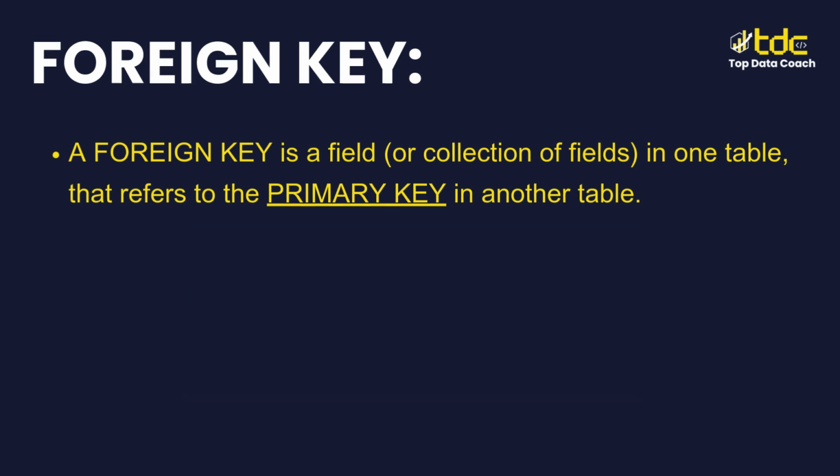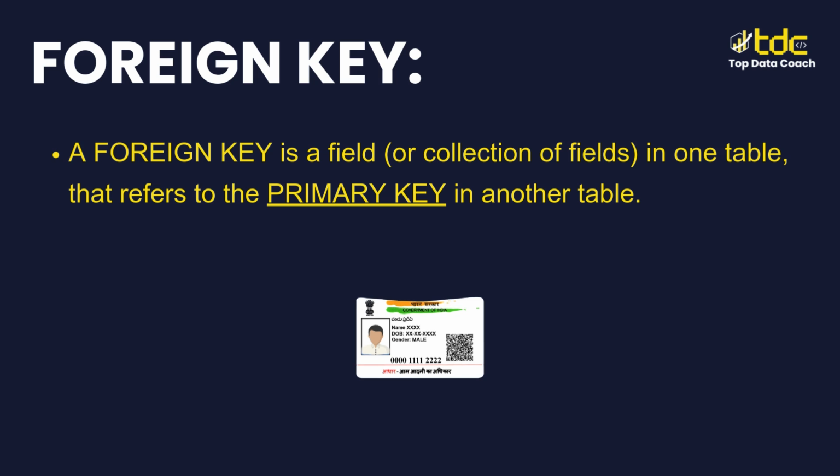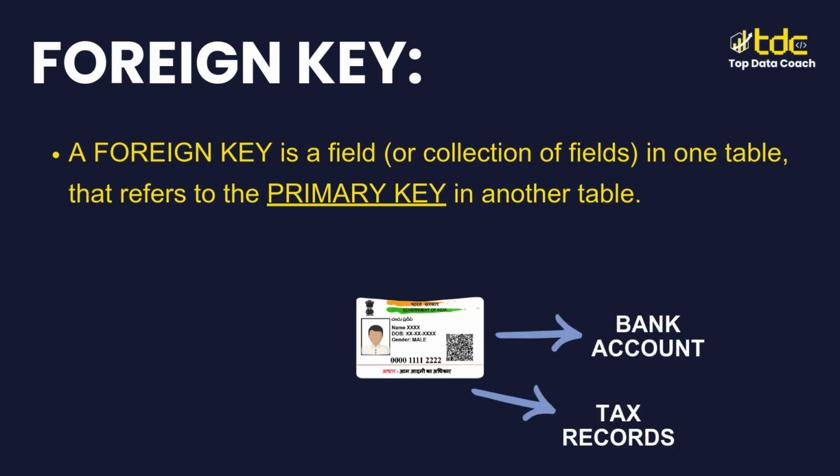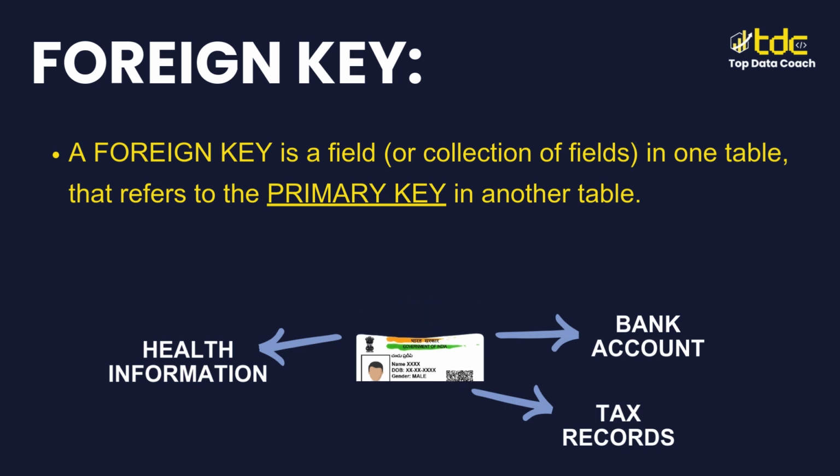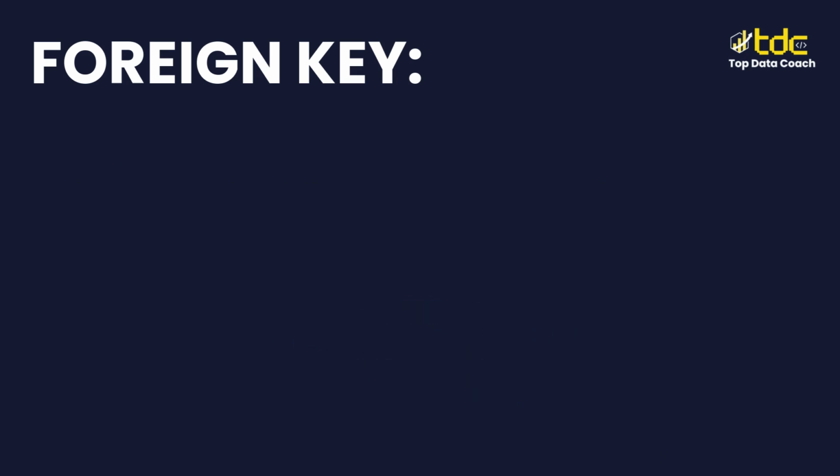It's similar to how a person's Aadhaar number or SSN can be used to link that person to various records in other databases, like their bank account, tax records, or more. I hope it's clear to you how a foreign key works.